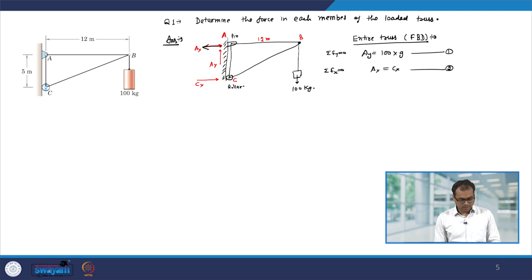Now, to find out the value of Cx or Ax, let us take the moment about A. If I take the moment about A, then the contribution of Ax and Ay will go away. So, we have the 100 kg force. So, 100 into g is the weight multiplied by the perpendicular distance, which is 12 meter, equal to Cx into the perpendicular distance, which is 5 meter.